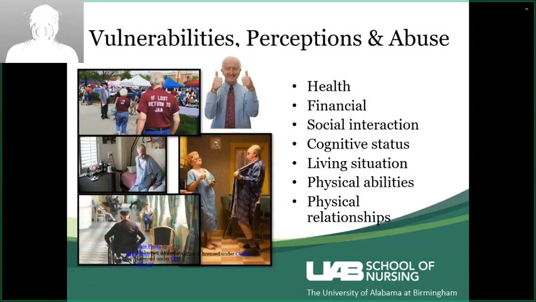So let's keep looking. Approximately 1 in 10 people aged 60 and older will have experienced some form of elder abuse. And one study estimated that only 1 in 14 is going to be reported, and so you have to look at what their vulnerabilities are, beginning with their health and extending into financial and living status, life experience.